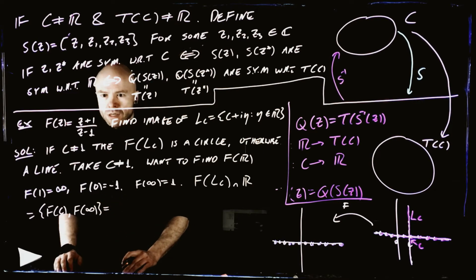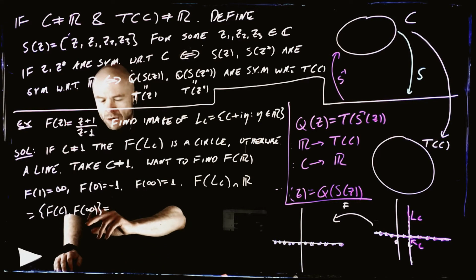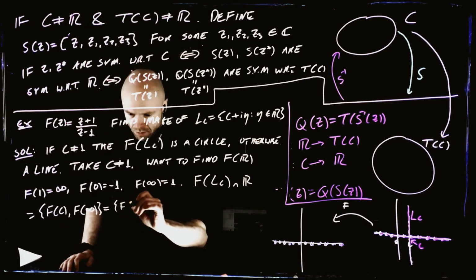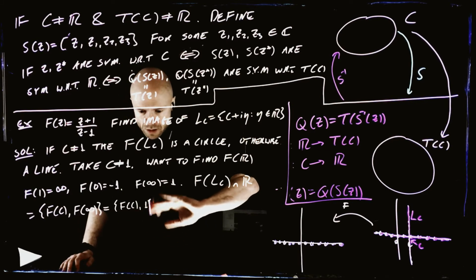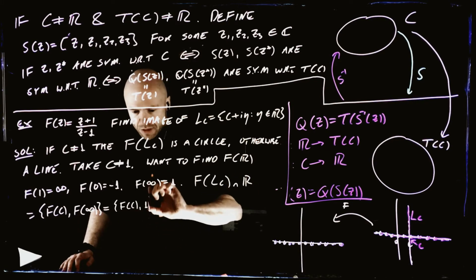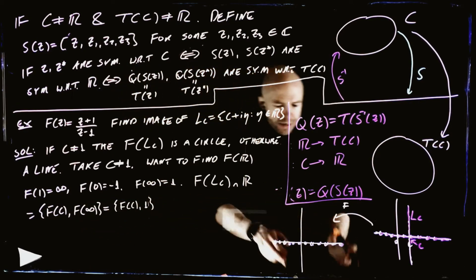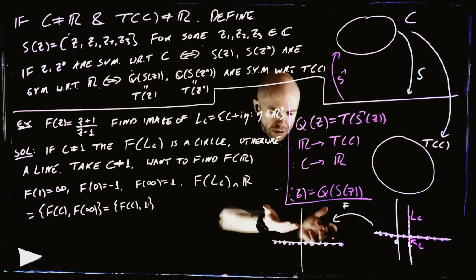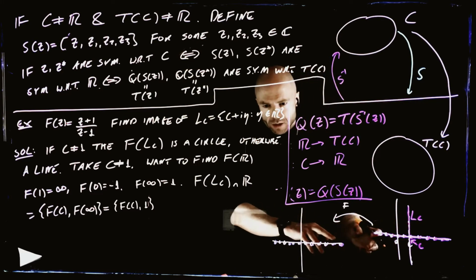And what is f of C? Well, it's some complicated expression. Let's keep it like this. And what is f of infinity? F of infinity is just 1. Right? And we also know that f of C is a real number, but we know that the circle has to have its center on the real line, because if it didn't, then there's no way that the angles at which it crosses can be perpendicular.